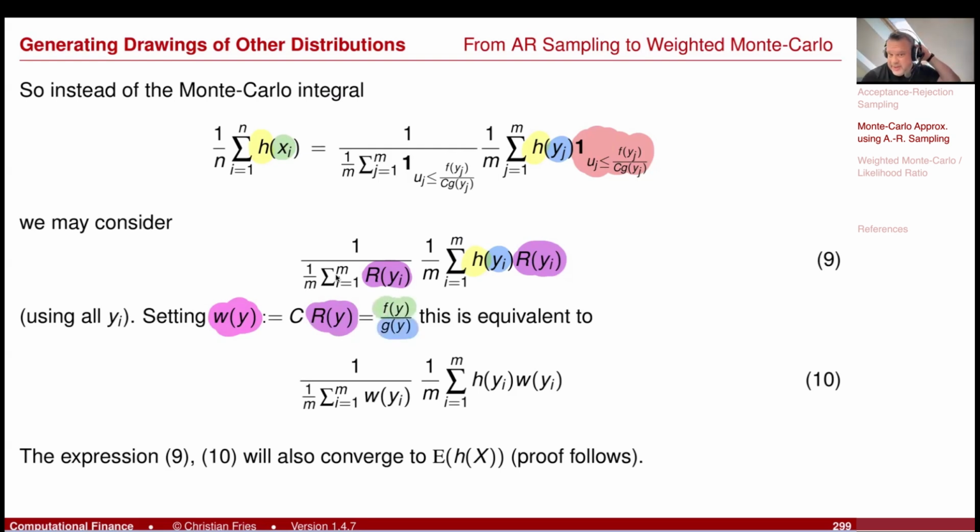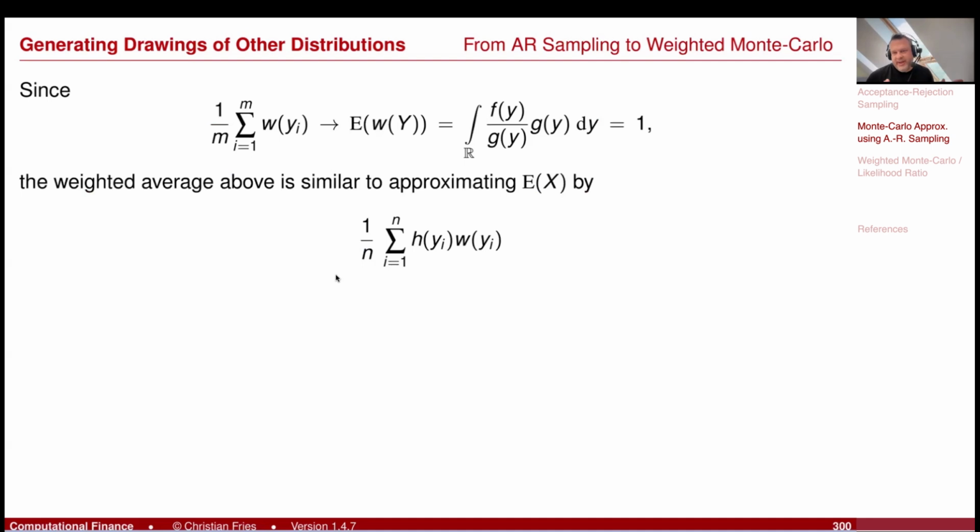Then I could also, instead of 9, just write here in number 10, apply the function h to y, multiply with w, also applied to y, and divide by the average of these weights, w. Same, this Monte Carlo integral, actually these two, the ratio of these two Monte Carlo integrals also converges to expectation h of x. Okay, so that's easily seen.